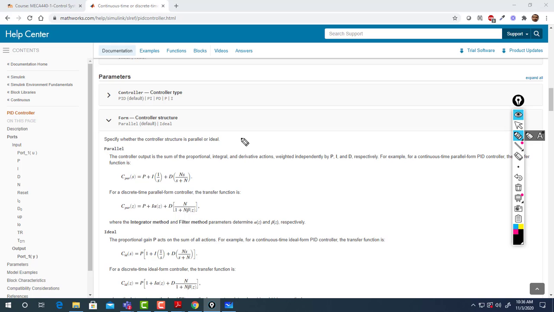Here it's P, here it's P plus I over S. Usually we say plus DS, but we don't use it this way. So what did we use in MATLAB and your Simulink block? We use DS, but we use N over S plus N, usually N a large number. So we use it with a filter. This is realizable. So we add on it a filter.